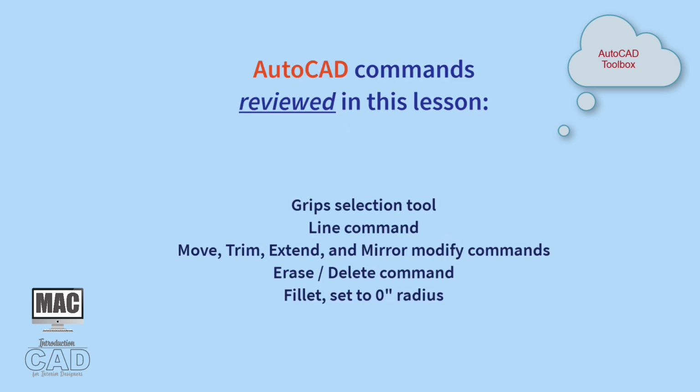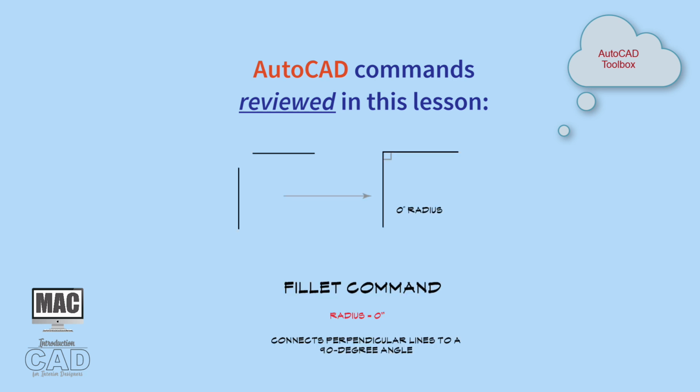In addition to those commands, you should review the following: grip selection tool, line command, move, trim, extend, and mirror commands, erase and delete commands, fillet set to a 0-degree radius.